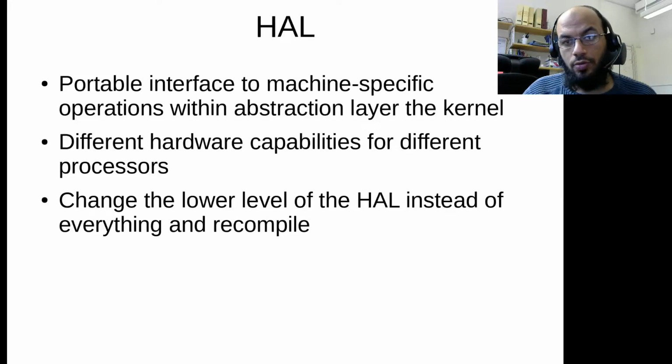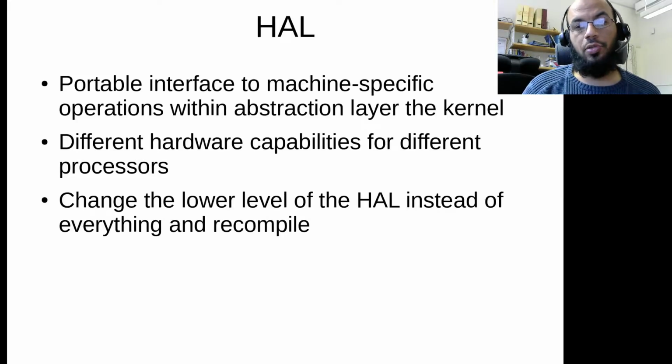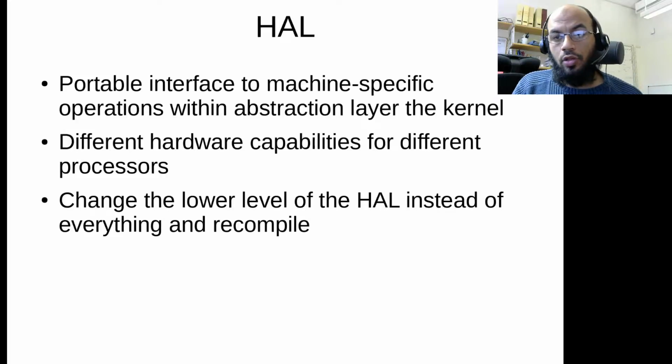That means, for example, when you're running on an ARM64 processor versus an x86 processor, you will have the same top layer of the hardware abstraction layer to which the kernel communicates, but you'll have a different layer for different architectures, for example an old generation i7 versus a new generation i7 versus an ARM64 processor.